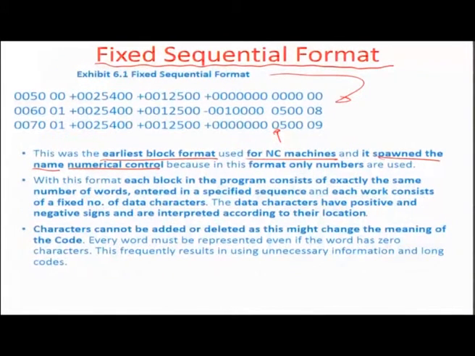So, one can see that there are groups of numbers. For example, there is the first group of numbers here, this is another group of numbers, this plus 0025400 could be another group of numbers, and so on and so forth. So, there are about 7 different groups in this one line, and each of them must have a certain purpose which we would like to know.